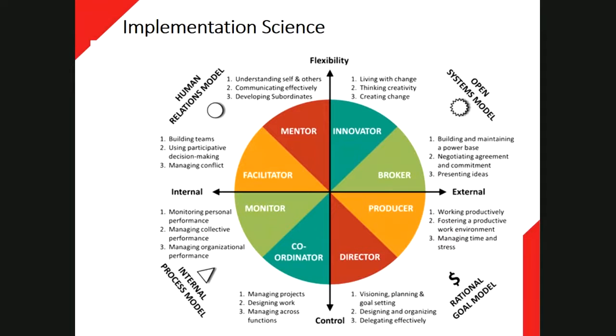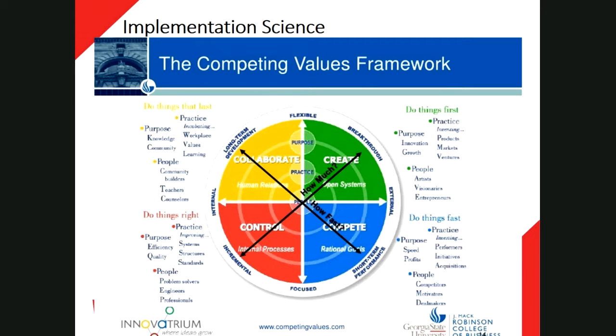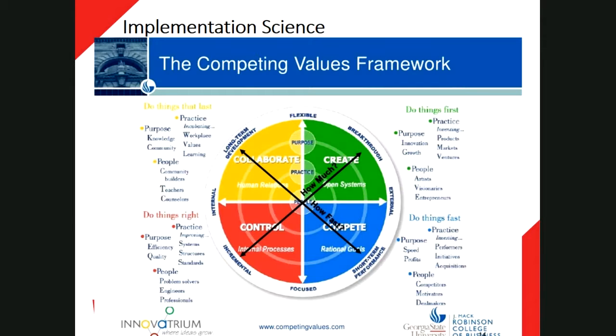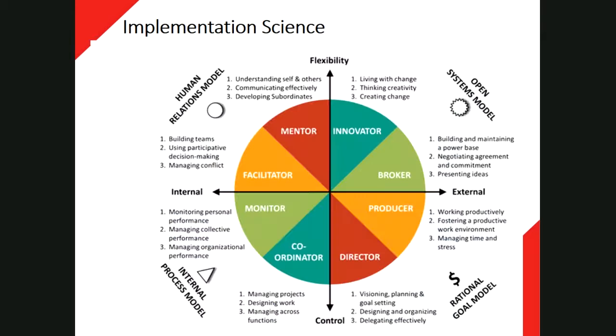And so again, when you look at the upper right, the creativity, focusing on doing things first and breakthrough, you've got your innovators and your brokers and more of an open system model. And looking at the lower right, and doing things fast, short-term performance, more competitive, you've got your producers and your directors, more of a rational goal model.